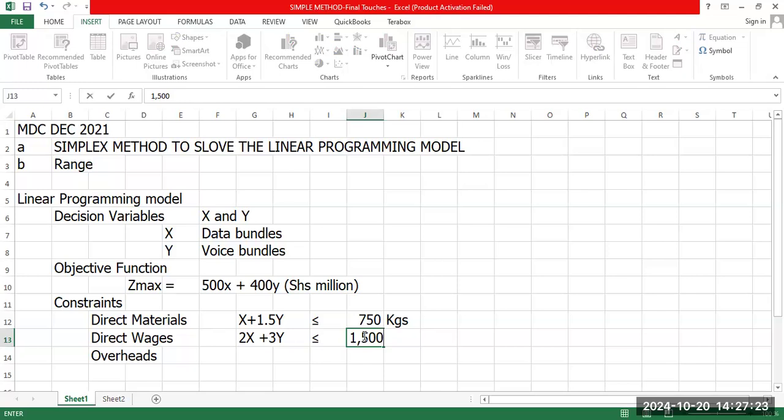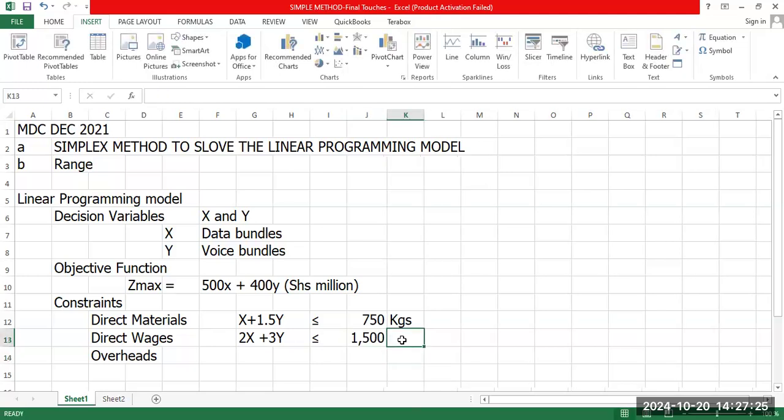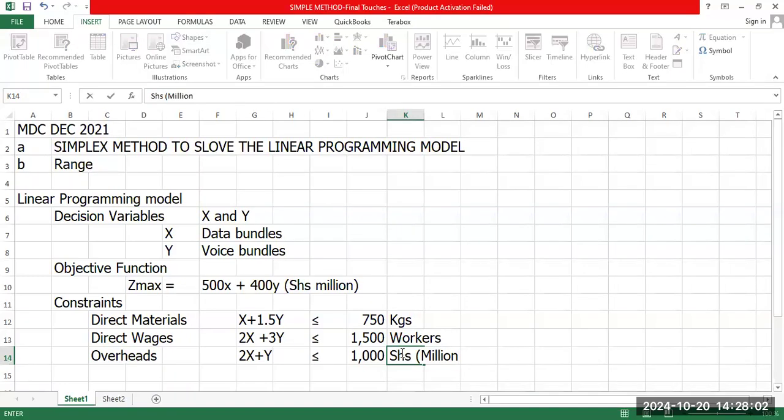Direct wages, these are workers, colleagues. It means that the number of workers available are only 1,500. Then overheads, you have 2x plus y, and the amount available as overhead is shillings 1 billion, because when you check, we said shillings in millions.